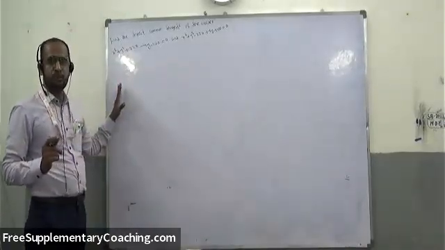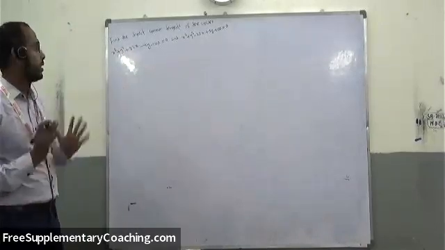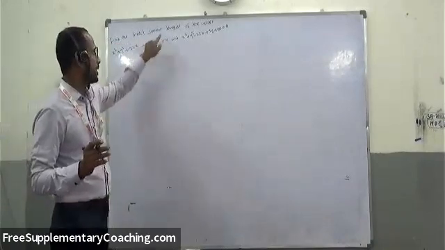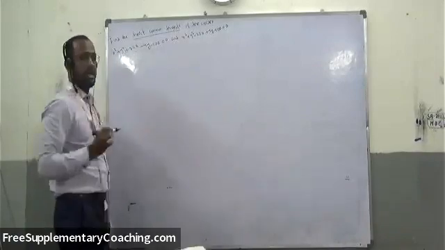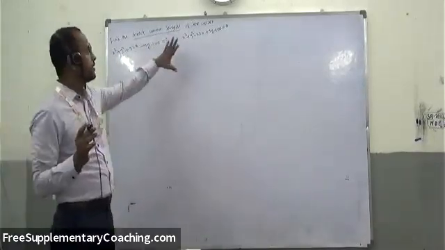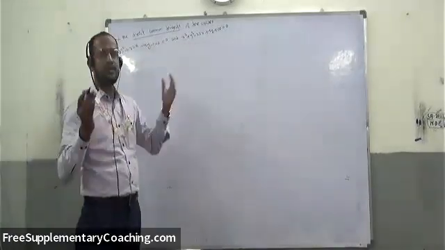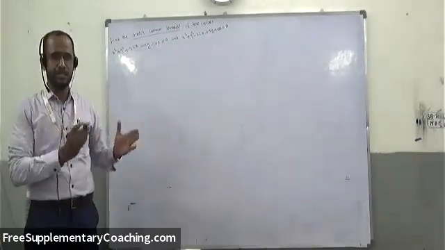Look here on the board at what is given to us and what we have to find. The first thing given is to find the direct common tangents. I will tell you the meaning of direct common tangent. Two equations of circles are given to us, and we need to find the equations of the direct common tangents.